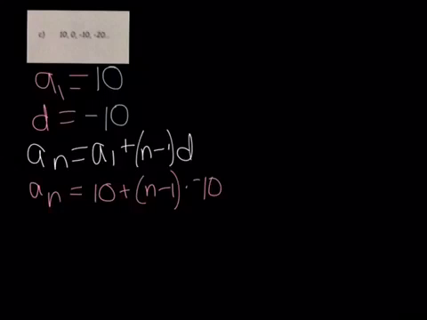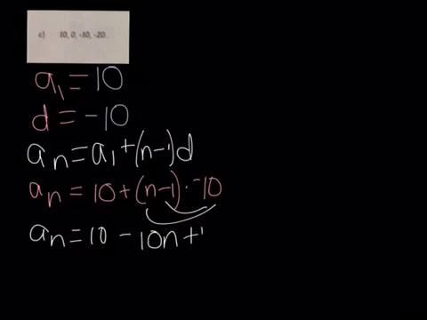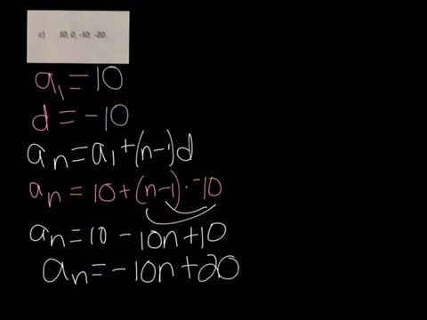Now the only difference here is I just need to be careful when I distribute. So I would do a sub n equals 10, n times negative 10 is minus 10n, and negative times negative is plus 10. So this equation will be negative 10n plus 20.